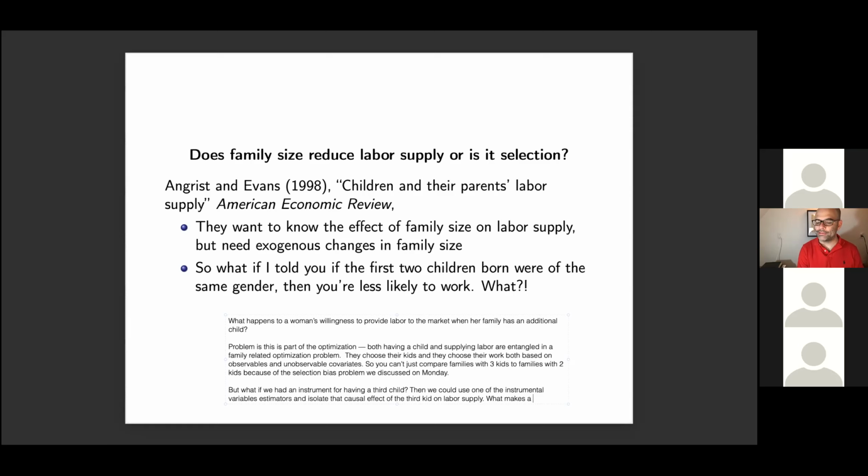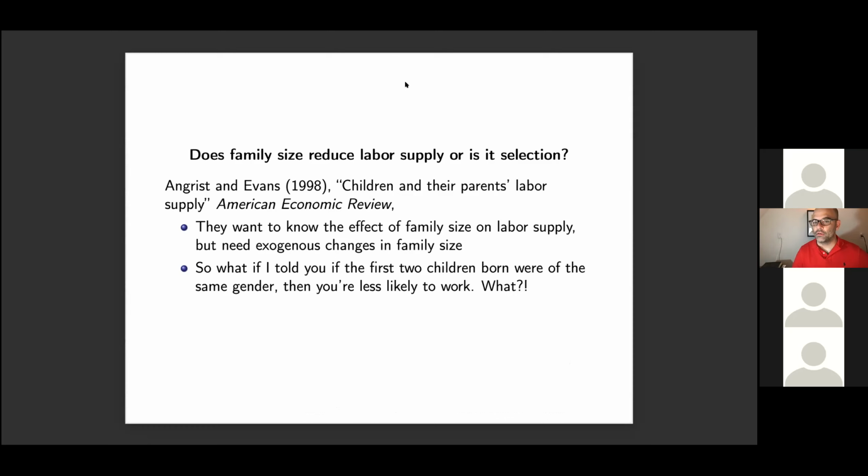What makes a great instrument for having a 3rd child? All right. What makes a great instrument? Okay. Well, what if I told you that if the first 2 children born were the same gender, you were less likely to work? Okay, notice what I said. Notice what I did not say.